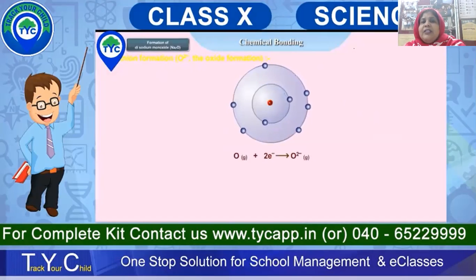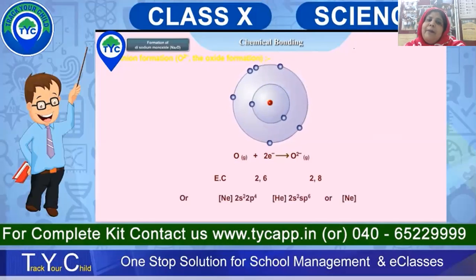Oxygen requires two electrons to become stable. It has 6 electrons in its outermost shell, so it has to combine to get 2 electrons. If it has to combine with sodium, it has to combine with two sodiums, not with one single sodium.